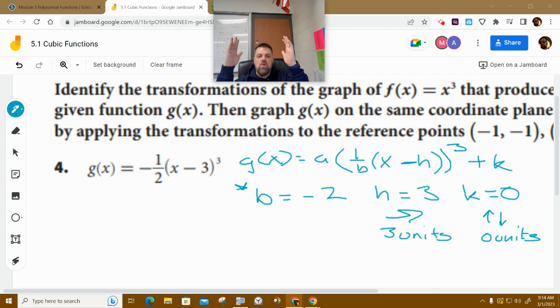It's going to horizontally compress it or expand it. And I'm going to let you in on a clue. We had a fraction on the previous problem and it compressed it. So that's my clue to you. We don't have a fraction now, so what do you think that means?